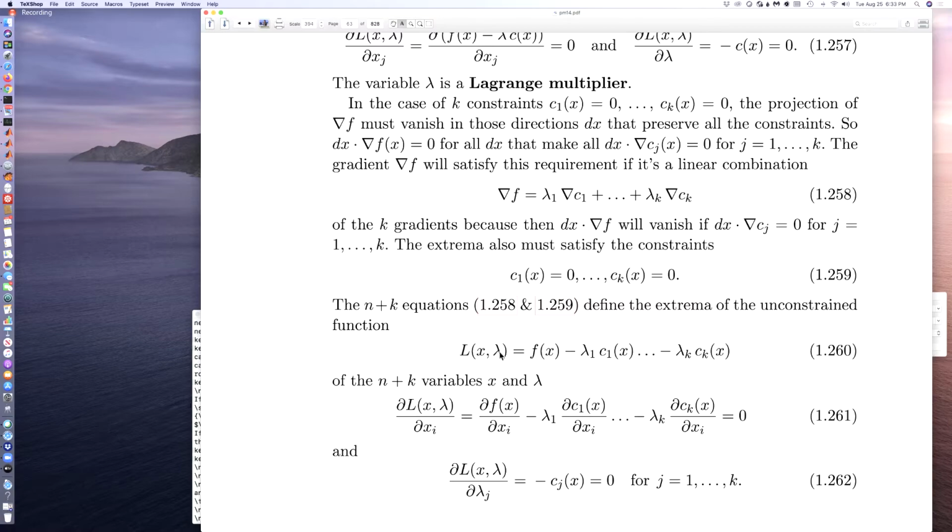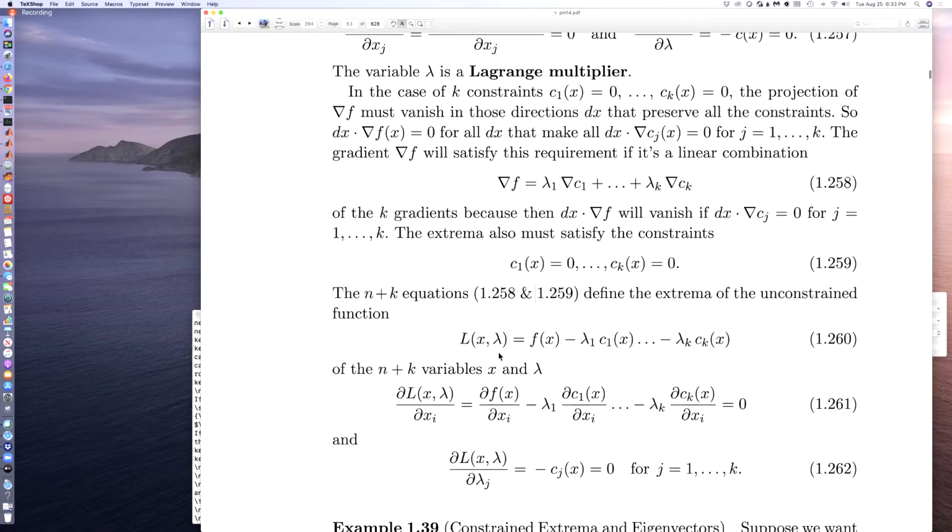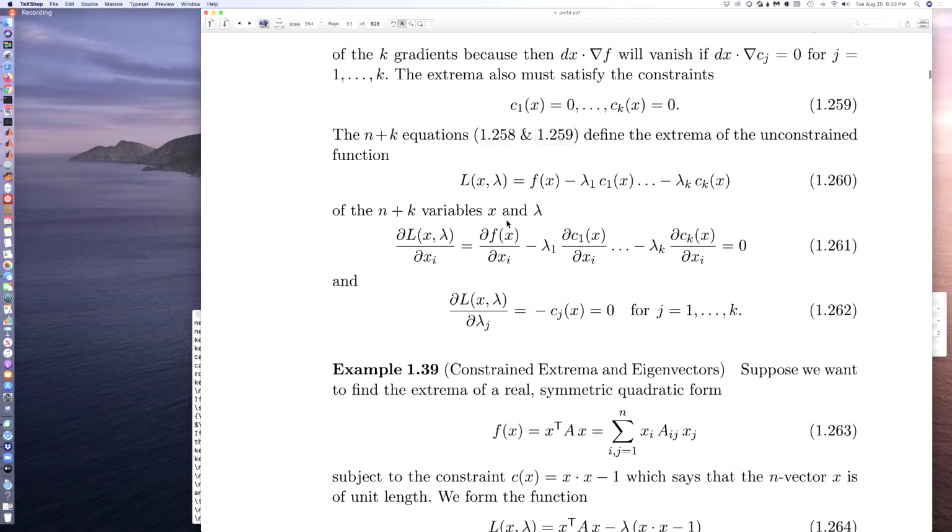And the way we solve them all is we set L of n x's and k lambdas equal to this, where the n x's are in here. And then we ask for the absolute extrema of this quantity, this Lagrangian, and that means we set its partial derivative with respect to each of the n x's equal to 0, and its partial derivative with respect to each of the k lambdas equal to 0.